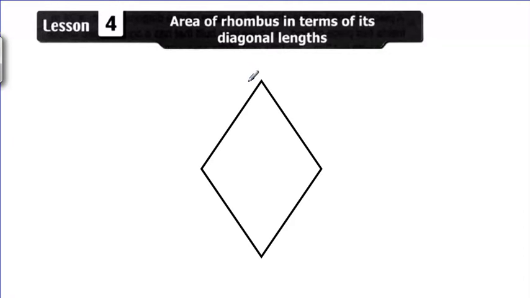We know that this is the rhombus, and the rhombus has four sides. The four sides are equal, and the rhombus has two diagonals. This is the first diagonal, and this is the second diagonal.